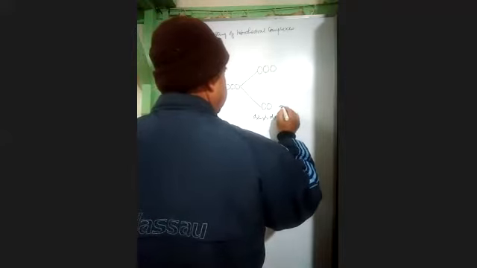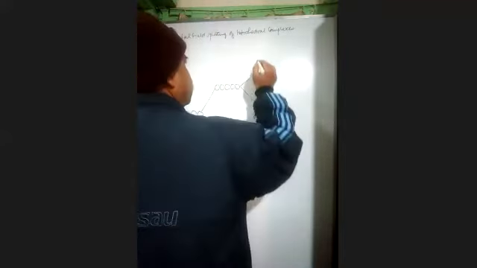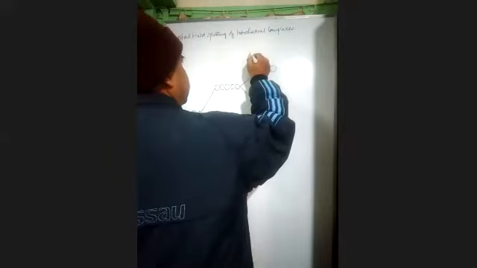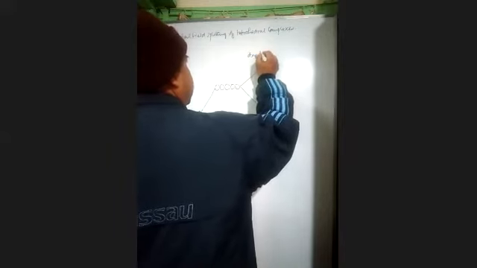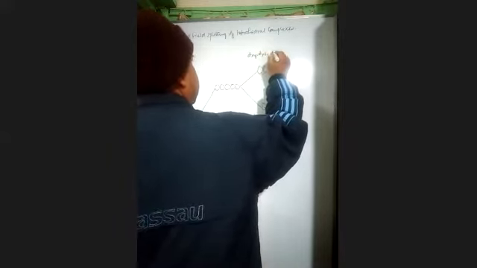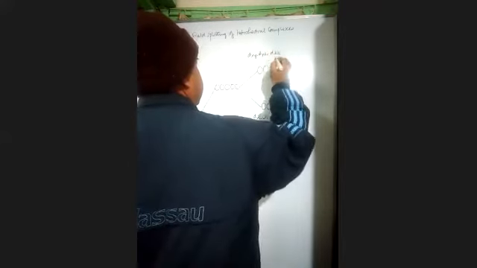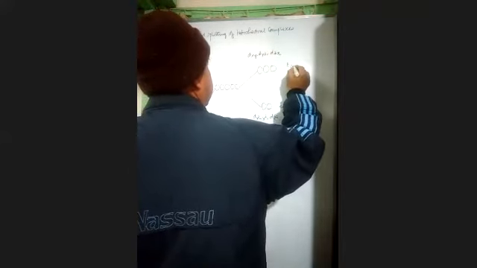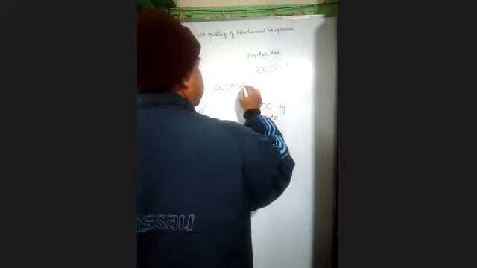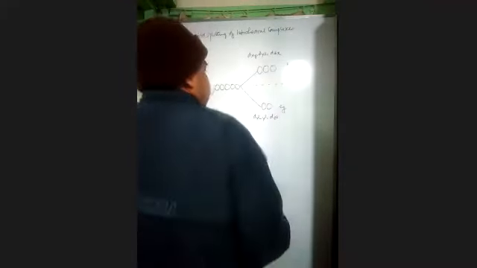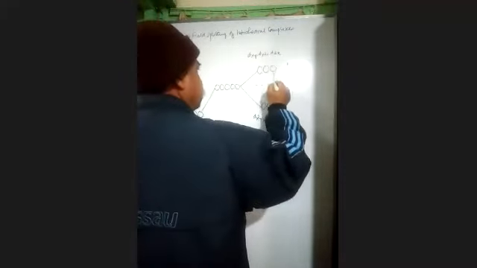What are we going to write here? EG. And these are dxy, dyz, dzx. What will we call it? T2G. Okay.